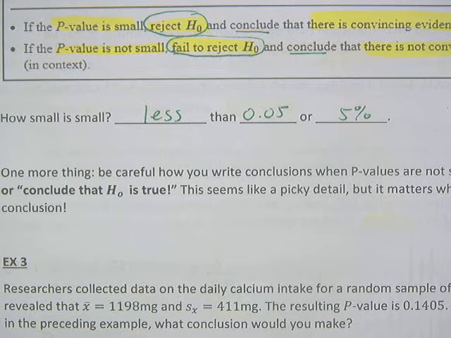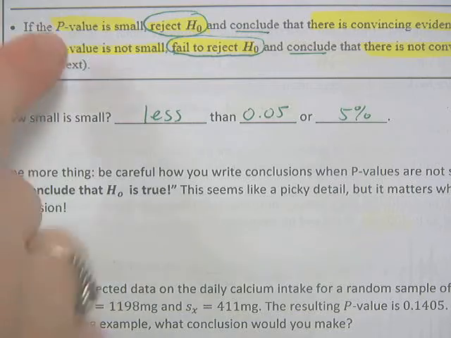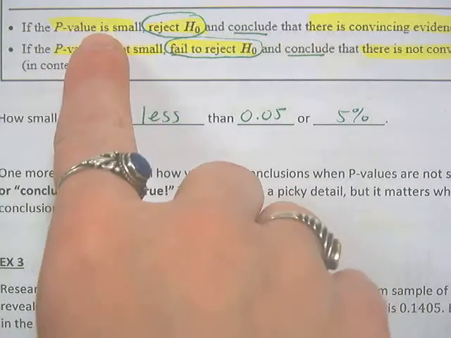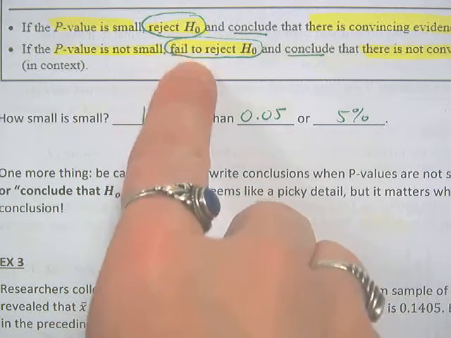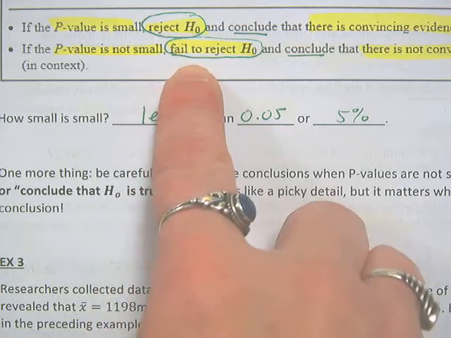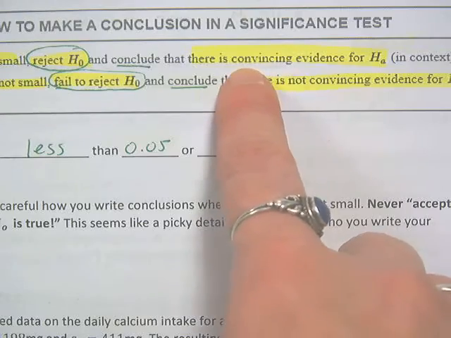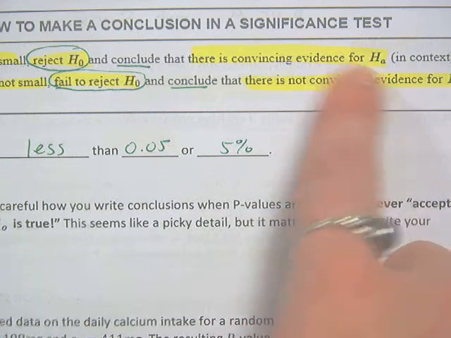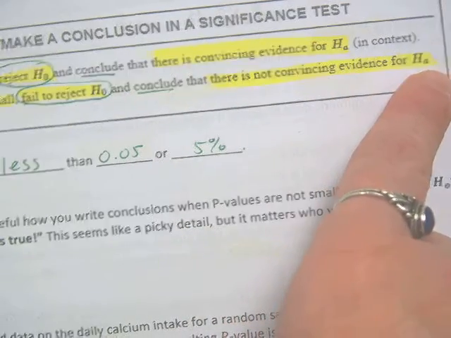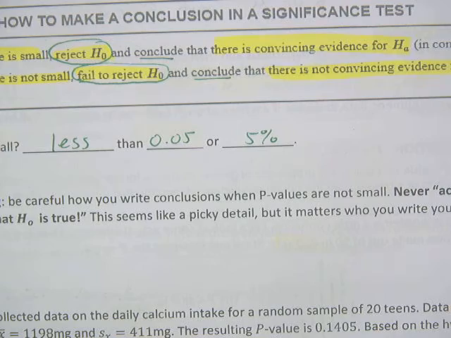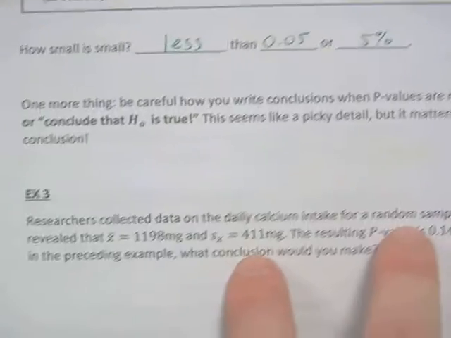So now, when you're given a p-value, you decide first: look at this box. Is it small or not small? And then from there, you decide, should I reject the null or fail to reject the null? And then from there, you decide there either is convincing evidence for HA or there's not convincing evidence for HA. It's kind of like a three-step process. There's a flow to it.